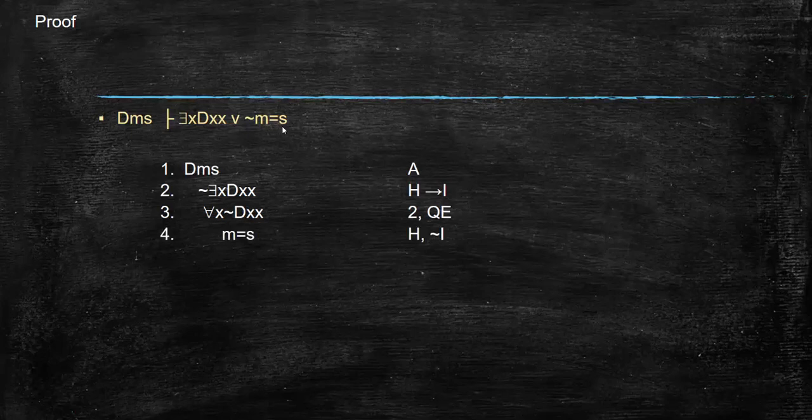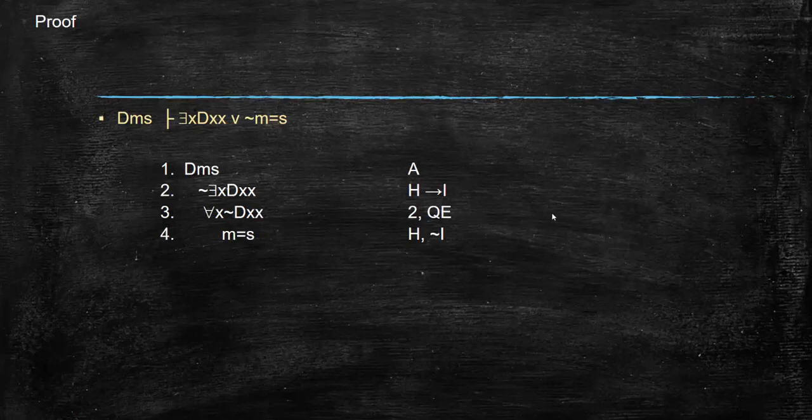So what if we were to do that? Hypothesize that it's not the case that m equals s, and try to derive a contradiction. Well, if we hypothesize now that m equals s, then if it's not the case that dxx, we know that it's not the case that dmm, and we also know that it's not the case that dss.